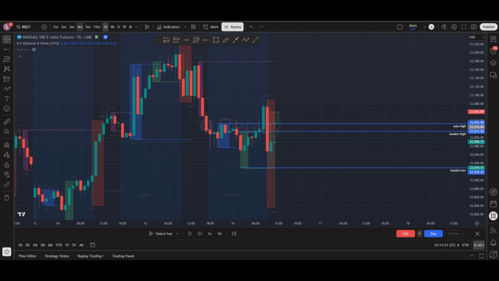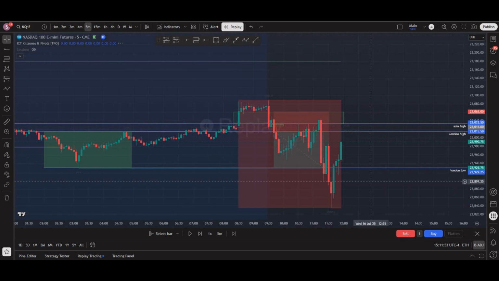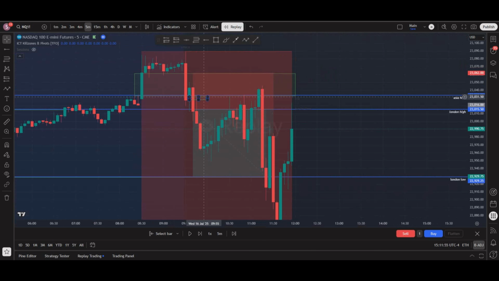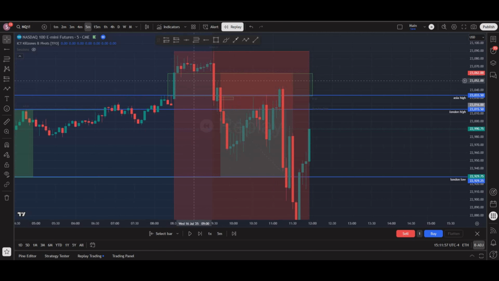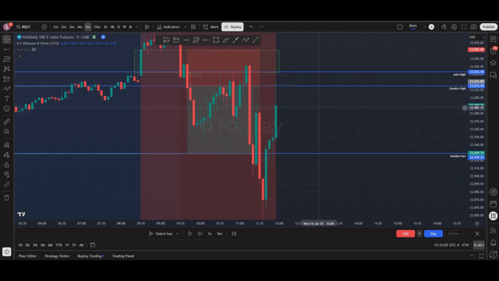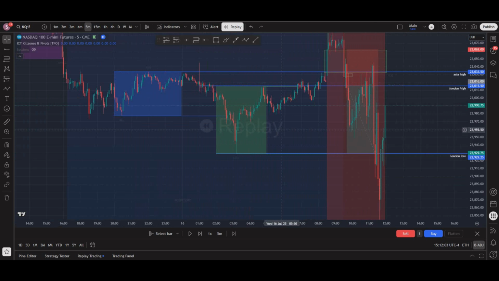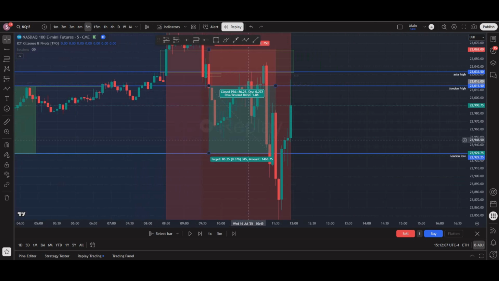But if we get bearish confluence, bearish price action on the lower time frame, our entry time frame, which we do get here, we get this inverted fair value gap, we get this retrace, we enter on a lower time frame entry model, and we target London low because it's the next major sell side draw on liquidity. So entries really just go off your own strategy, but the main thing is targeting the major draws on liquidity and the open liquidity pools, which means the liquidity pools that have not been taken out yet.